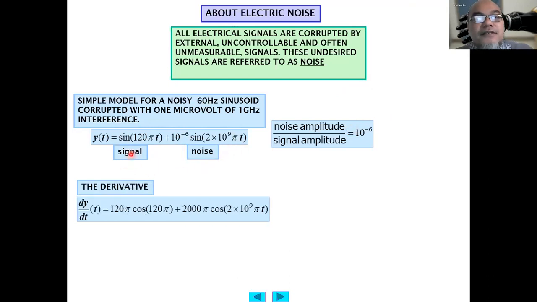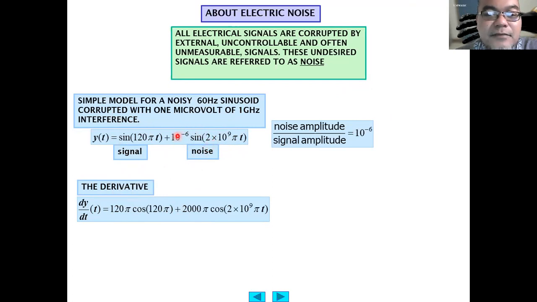The derivative of this signal and noise becomes dy/dt equals 120 pi cosine 120 pi t plus, see here, because there is this factor of frequency, this becomes cosine, and this factor is also differentiated.